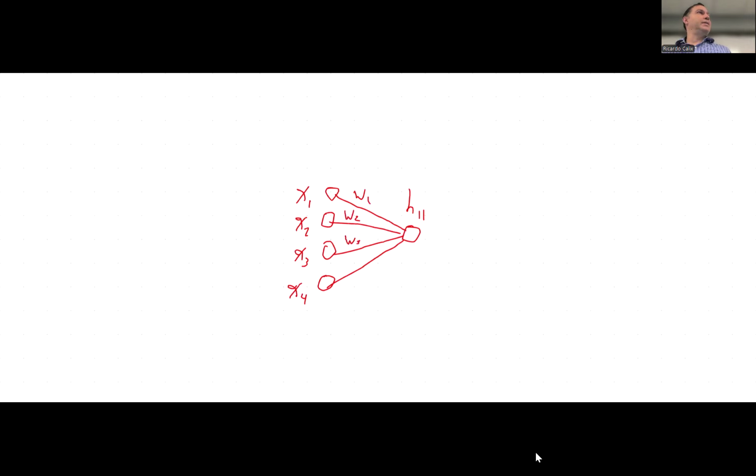So what's happening here is just a simple math operation where you do H11 equals W1 times X1 plus W2 X2. And that's it. That's all that's happening there.